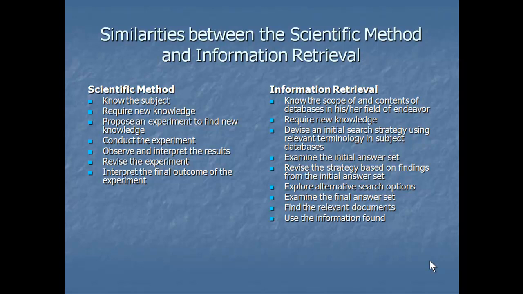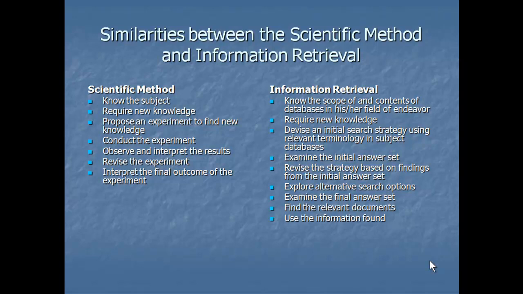When you're looking for information, you know the scope and content of the databases in your field, and we'll explain that to you later in this presentation. You're looking for new knowledge. You want to know what's been published in the past. So you devise an initial search strategy using the relevant terminology in the subject databases.